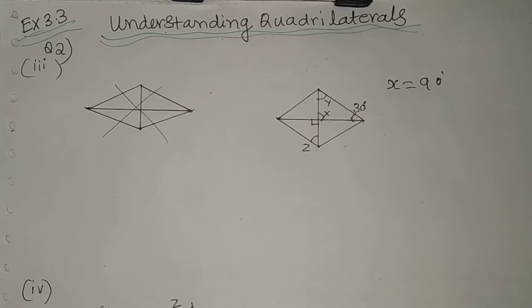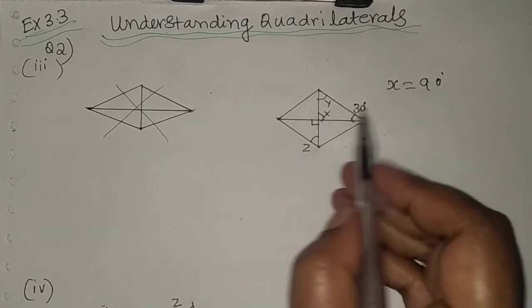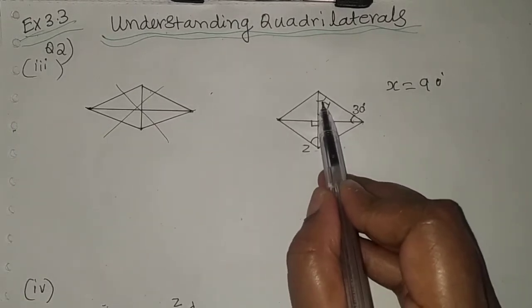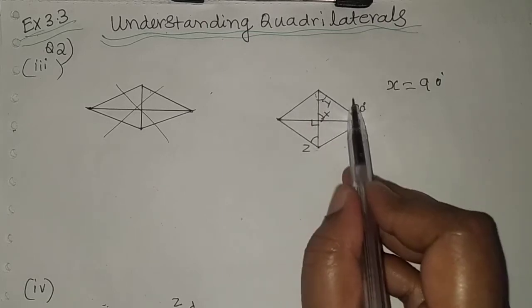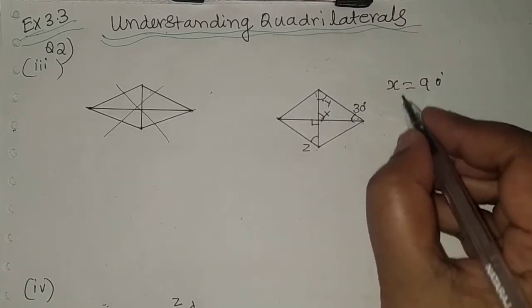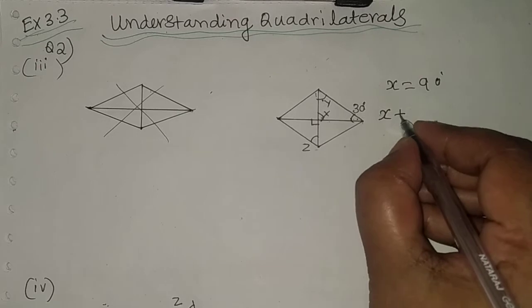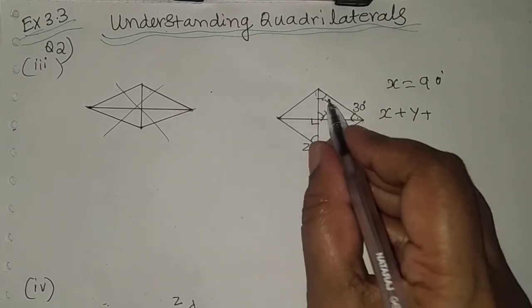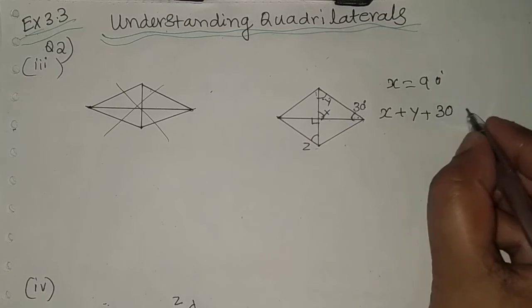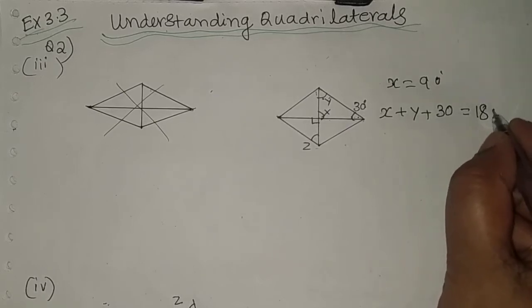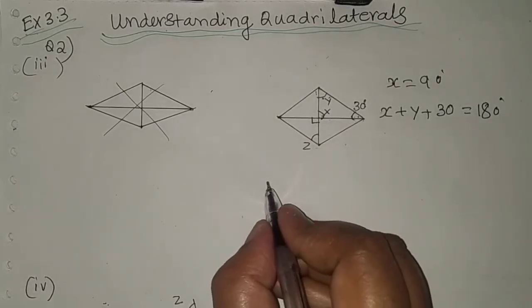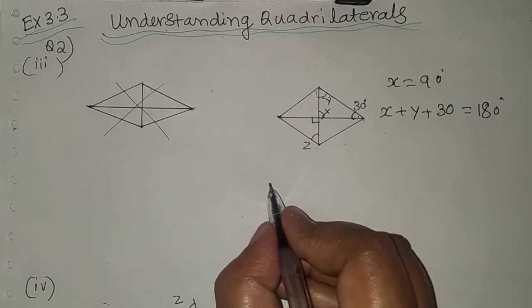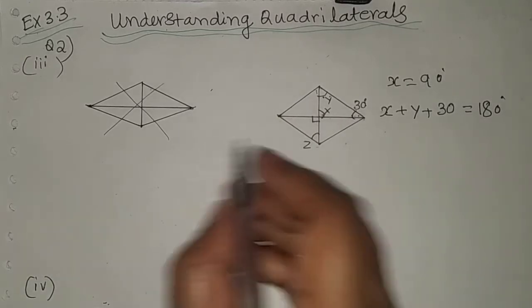So we have the angle sum property, that is X, Y and 30 are all adjacent. Therefore we can write X plus Y plus 30 is equal to how much? 180 degrees. So therefore X we can substitute as 90.